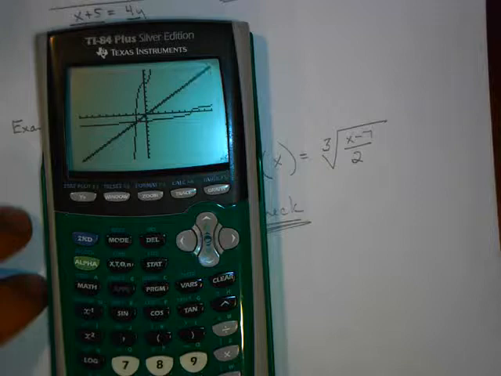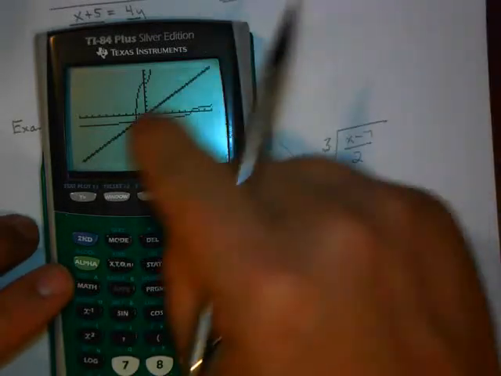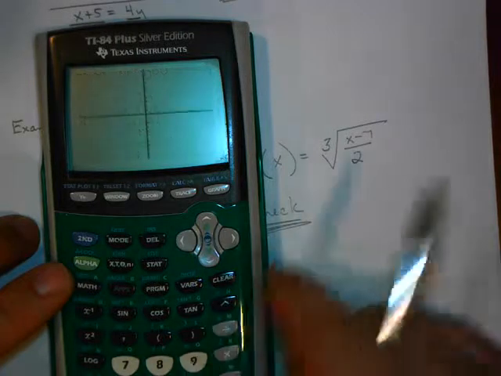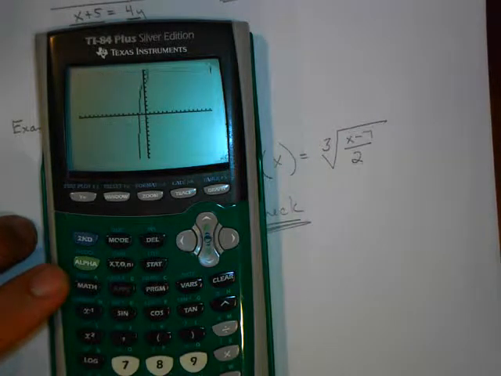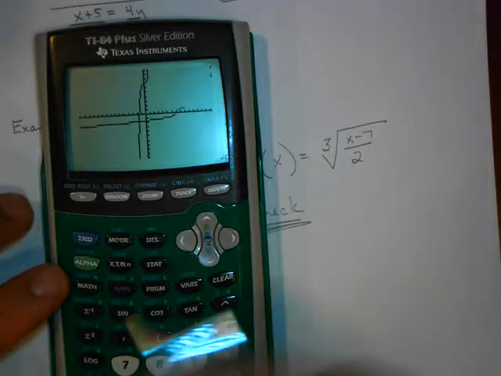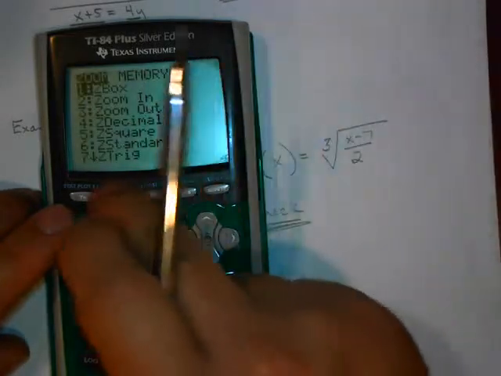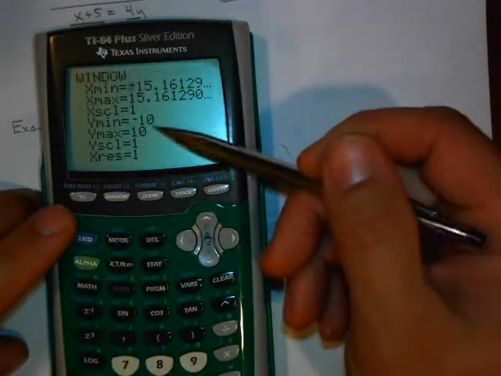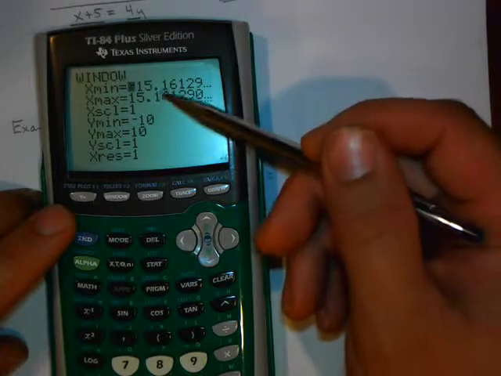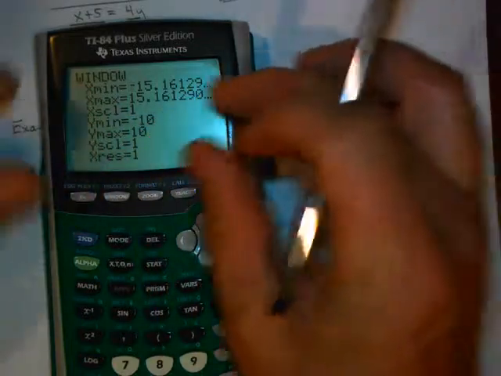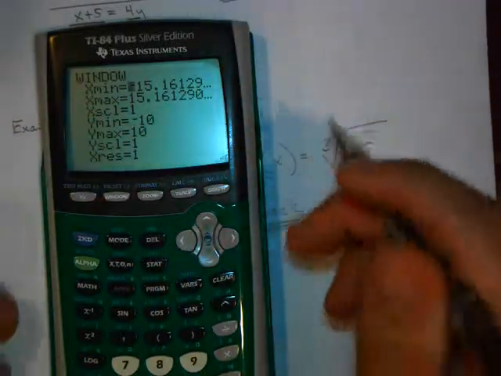If we go zoom square, it'll look better for being symmetrical to that line y equals x. And if we look at the window, this is what I meant by that 3 to 2 ratio. But zoom 6 is just kind of stretching your x-axis. But it should look relatively symmetrical.